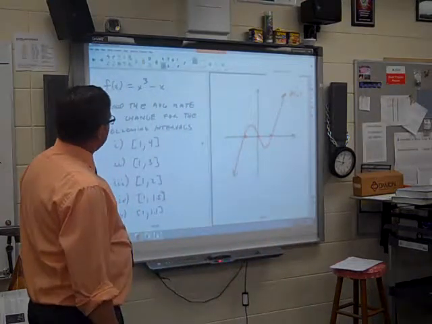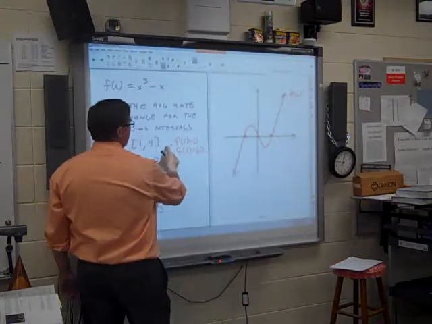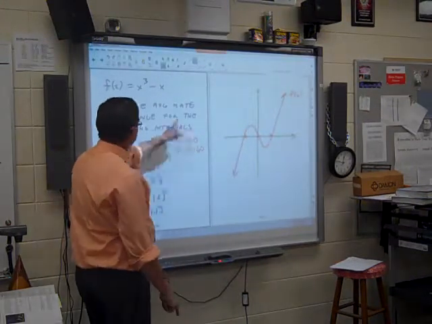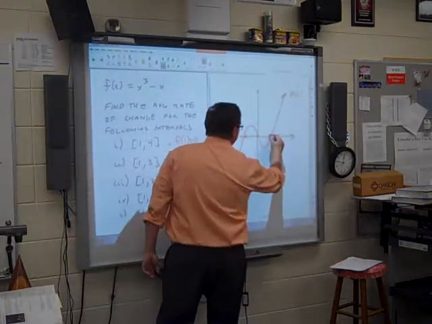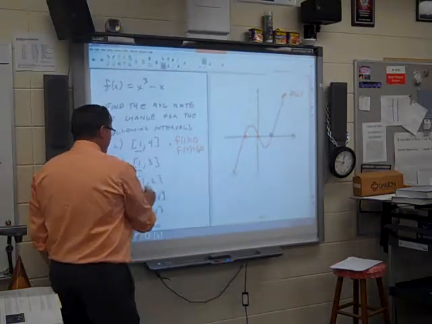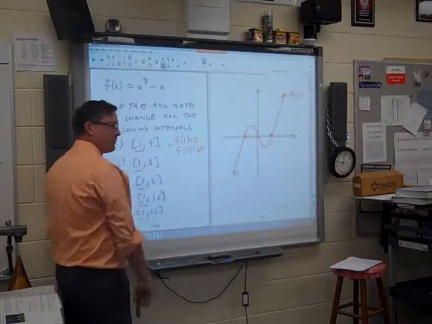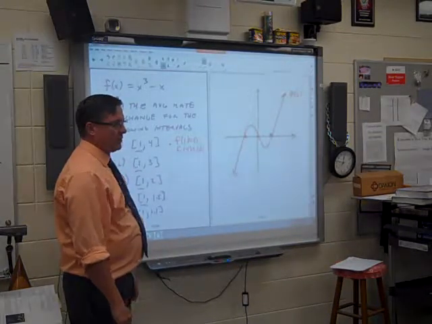And everyone, if I plug in 1, you guys all agree that f of 1 is 0, right? I plug in 1 up here for the function. That f of 1 is 0. Nice and blue. And that is the start of all our intervals. That point, f of 1 equals 0, is where all these average rates of change start.